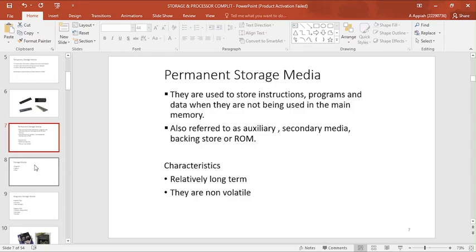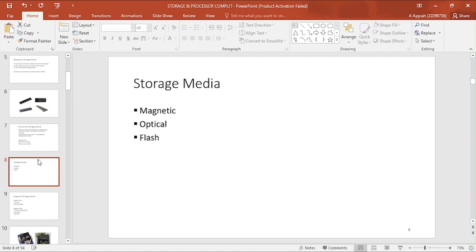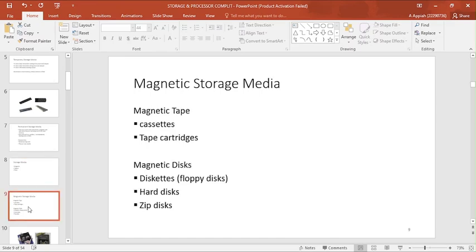So it still keeps its data even though you get power off or power out, as compared to the RAM, which loses its data when there is power out or power outage. So like I said earlier, storage media have these following technologies. It can be magnetic, optical, and then these days we have the third one, which is the flash media.